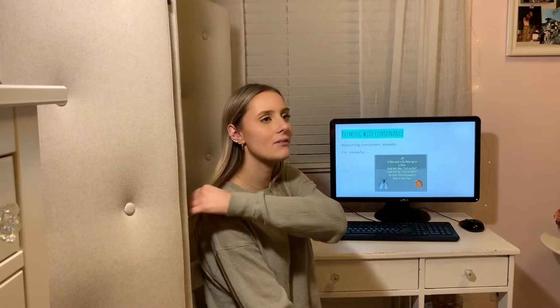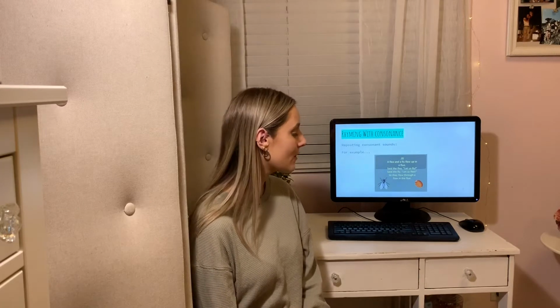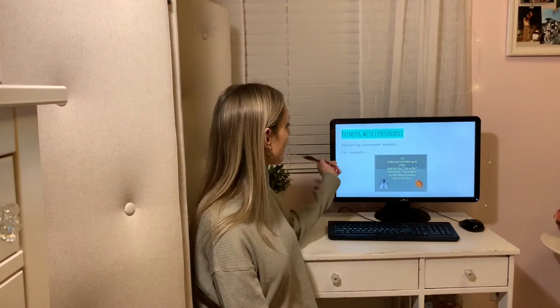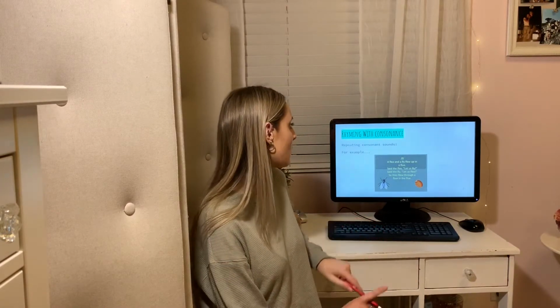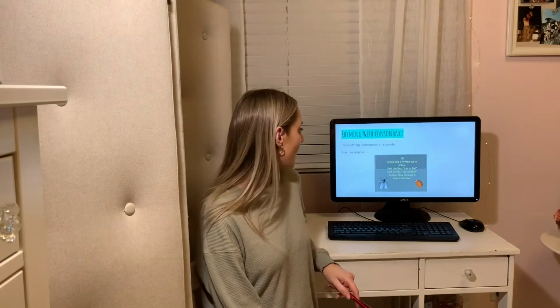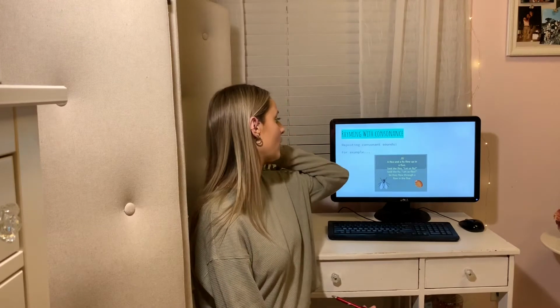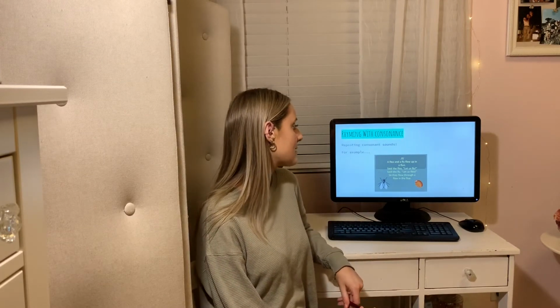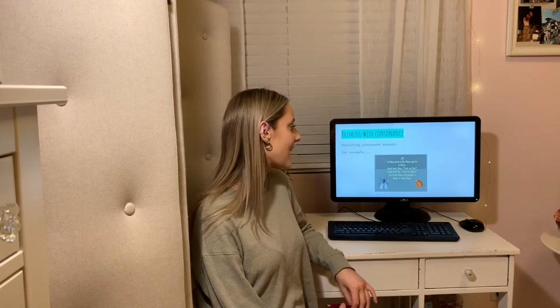Now, kind of the opposite of rhyming with assonance is rhyming with consonants. And that is pretty self-explanatory. You're just repeating consonant sounds in your poem. So this poem is also kind of a tongue twister. A flea and a fly flew up and a flew. Said the fly, let us flee. Said the flea, let us fly. Said the fly, let us flee.